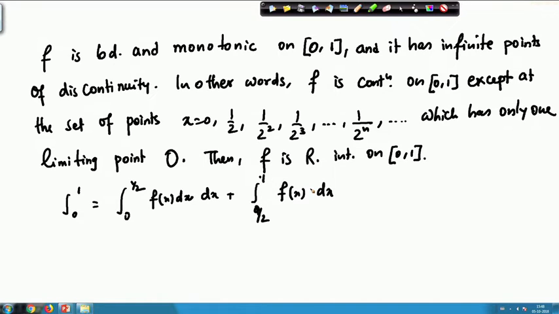So what we do here is basically, we now write this as integral from half to 1, f(x) dx.